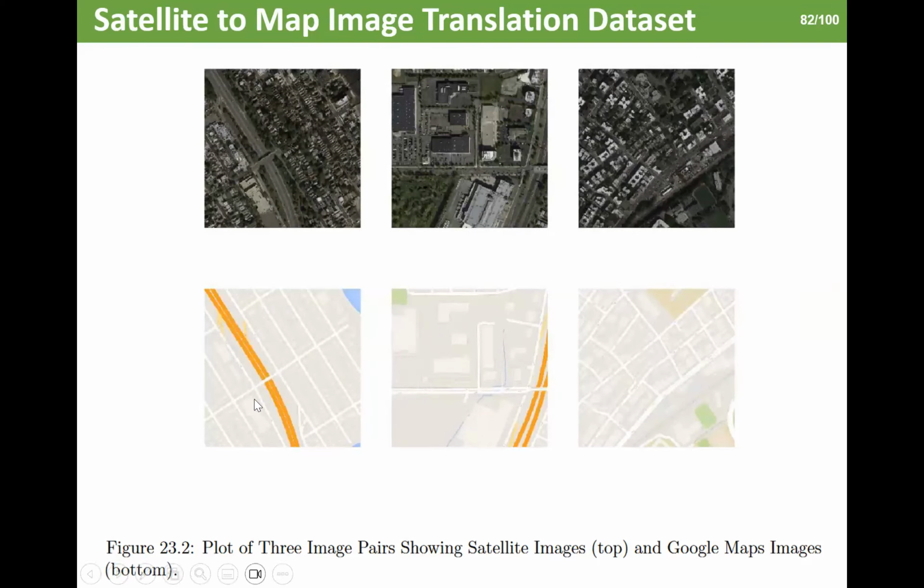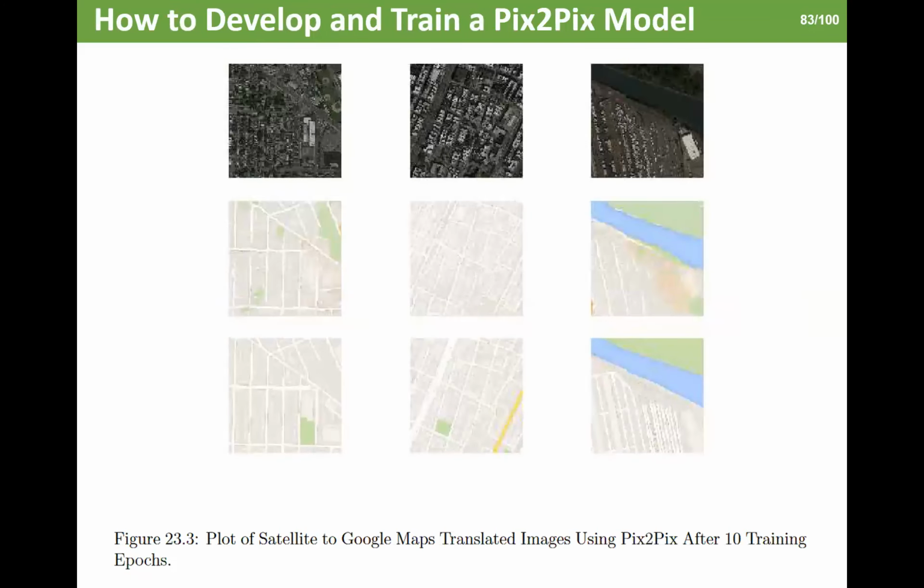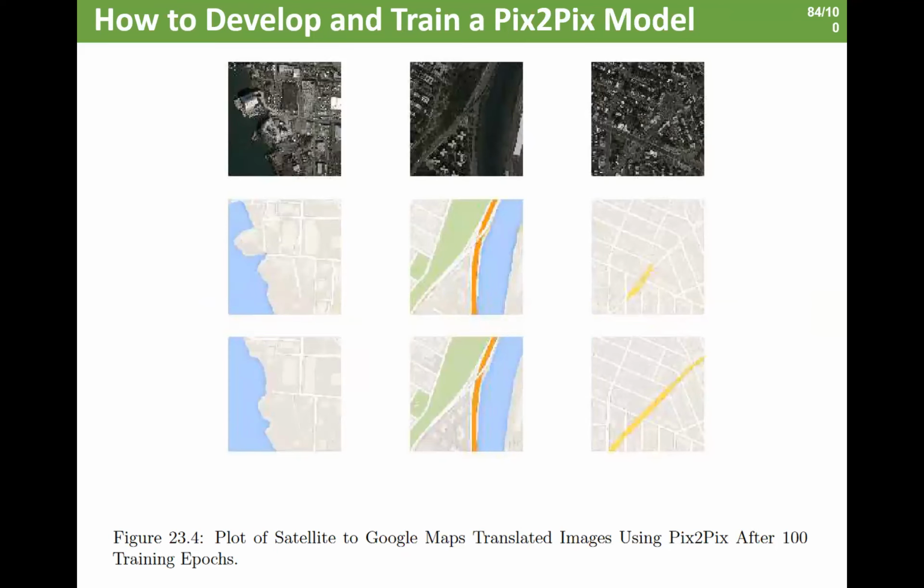But this image is just a bitmap that looks something like a Google map. So this is not a real practical example, but the fact that you can do it is a good training exercise.